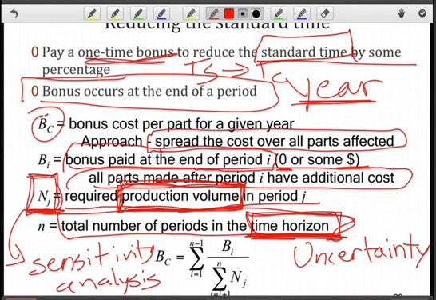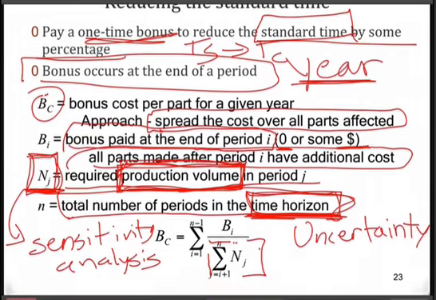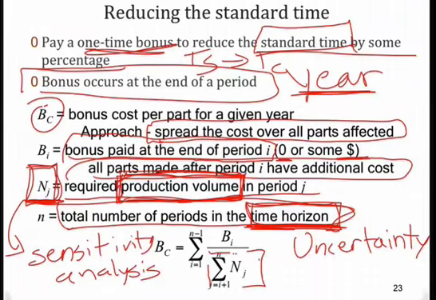Well, here's how we calculate the cost. It's fairly simple. We'll take all future production going forward. So we go from period I plus 1, and the reason why we do that is that we are paying a bonus at the end of period I. So now we're looking at the next time period, and only the production, only the n sub j's that occur in that future time period.